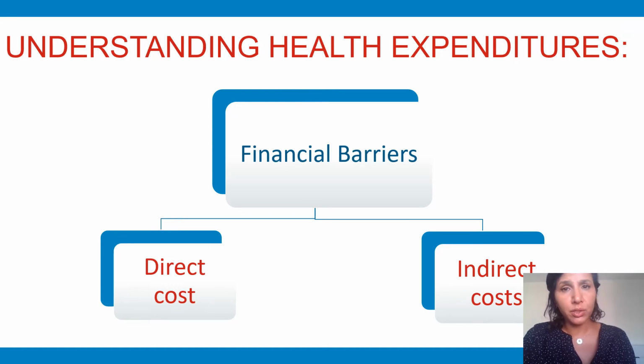Direct costs are those that are linked to accessing health services, such as paying for primary or tertiary care, paying to see a doctor or a specialist, or paying for medicine, whereas indirect costs are more related to costs incurred for attempting to see a provider, such as lost wages, transportation, and accessing the medical facilities.